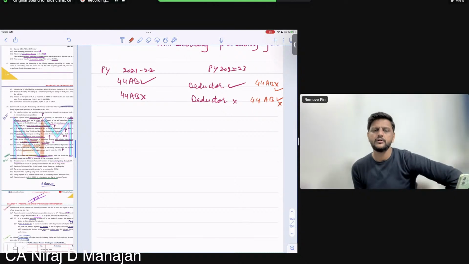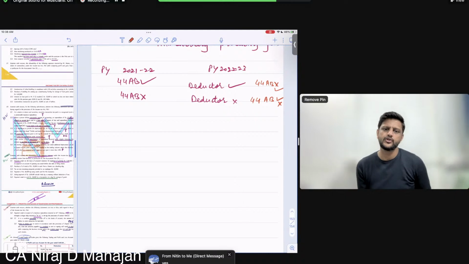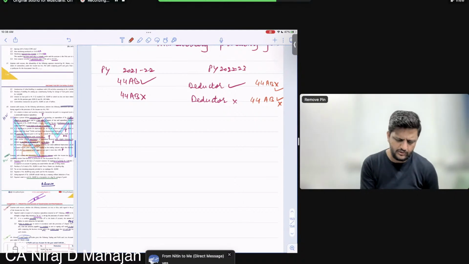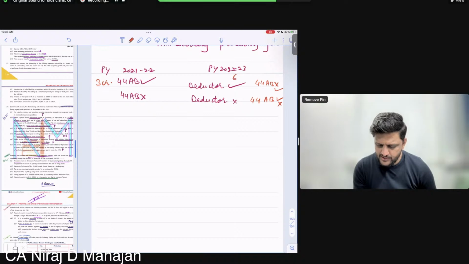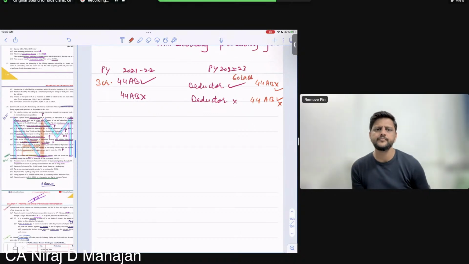Let me give you an example. Here the turnover was 3 crore in 21-22, and in the current year there was a loss and business is not good, turnover is 60 lakhs. Still, in 22-23, he is a deductor because he was liable for tax audit in the earlier year.